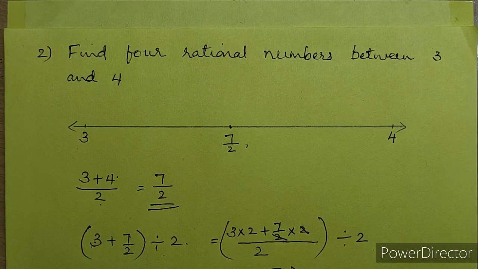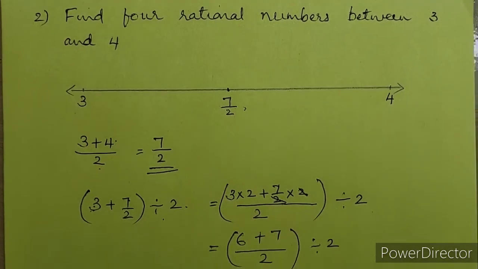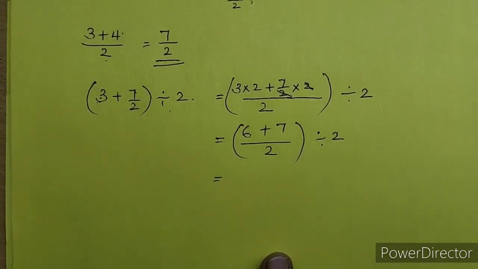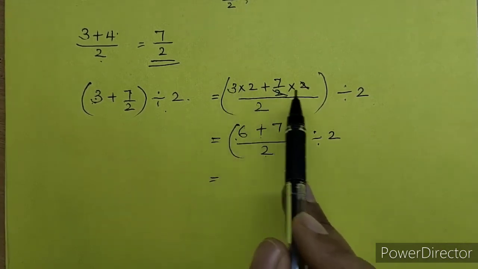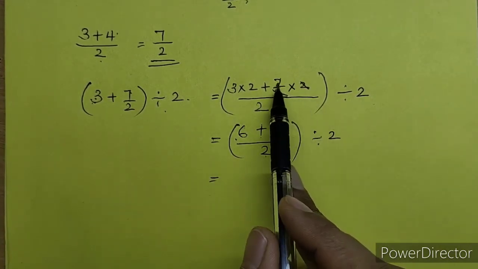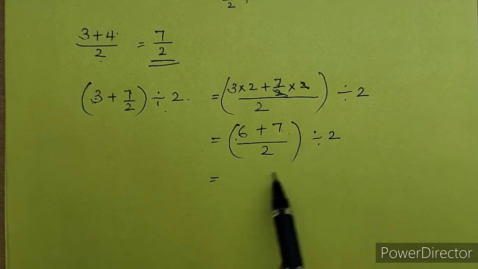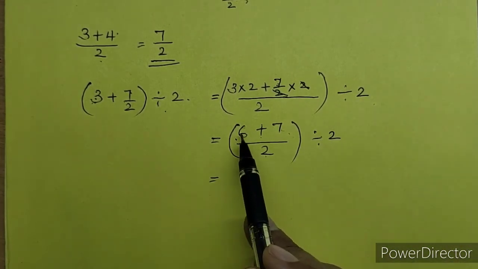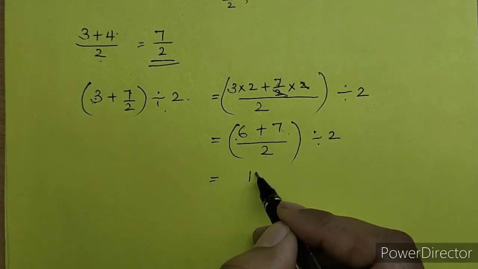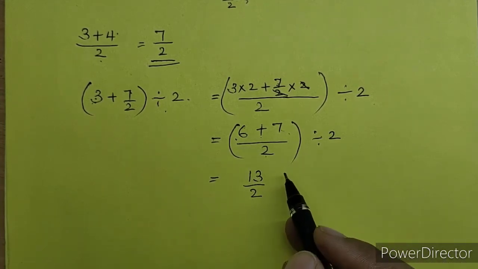So 6 plus 7, divided by 2. Now 6 plus 7 is 13 by 2 you can write.